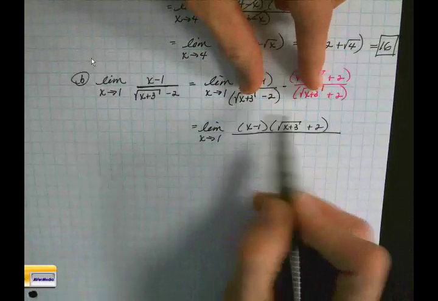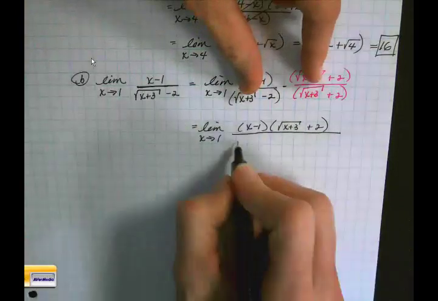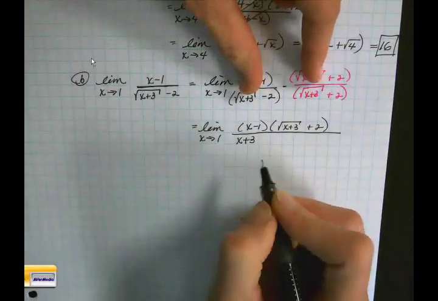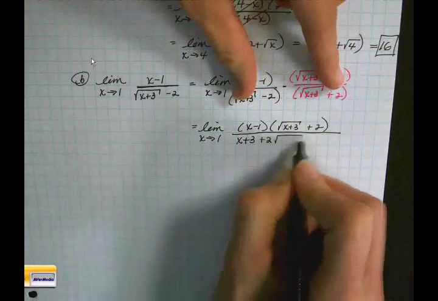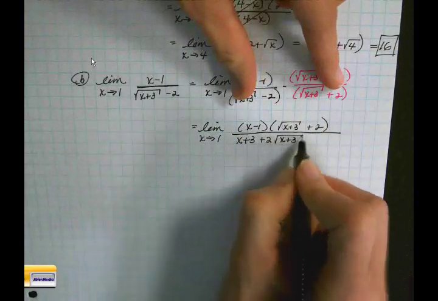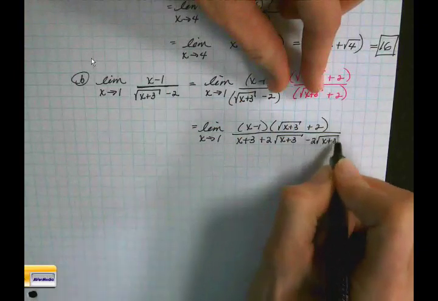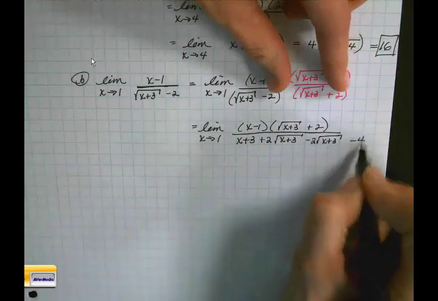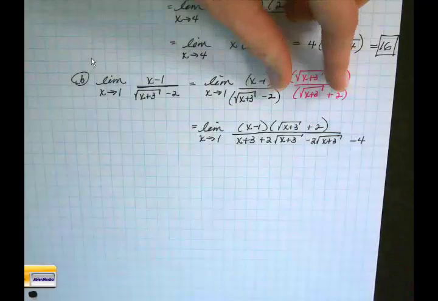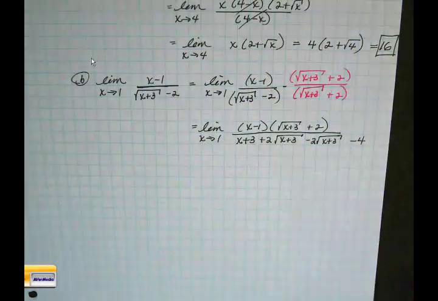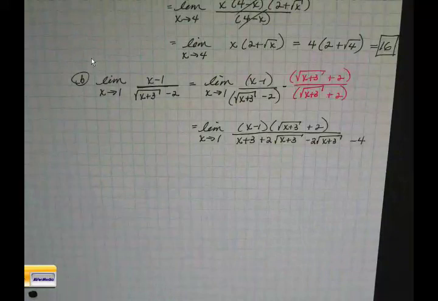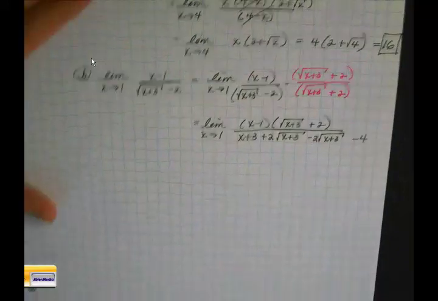Okay, FOIL. The square root of x plus 3 times the square root of x plus 3 is x plus 3. Outside is 2 times the square root of x plus 3. Inside is a negative 2 times the square root of x plus 3. And last is a negative 2 times a positive 2, which is a negative 4. FOIL, the FOIL method.